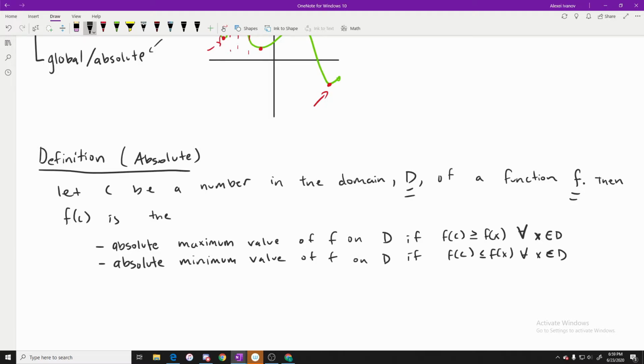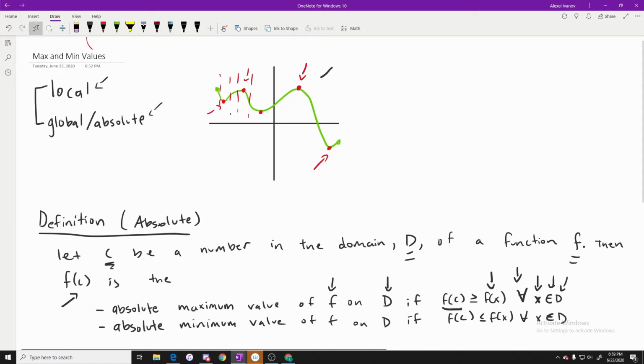Then we say that f(c) is the absolute maximum of f on D, which is the entire domain, if f(c) ≥ f(x) for all x belonging to D, meaning for every x value that we come across in its domain, f(c) is greater than any value f is evaluated at.